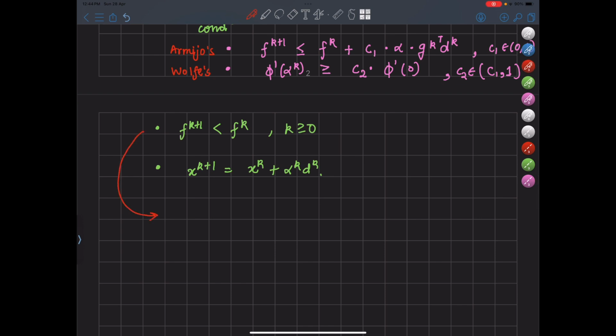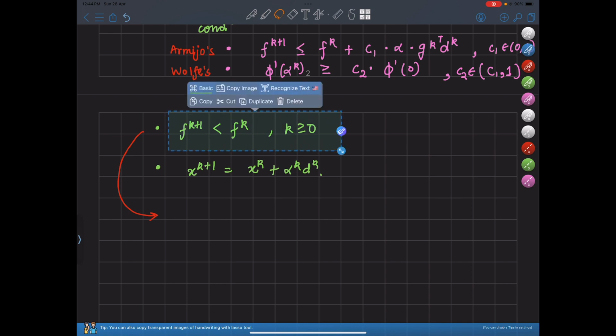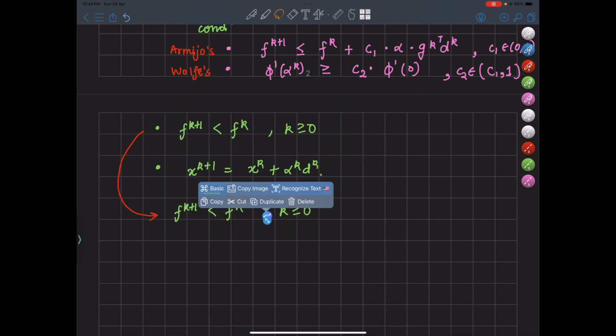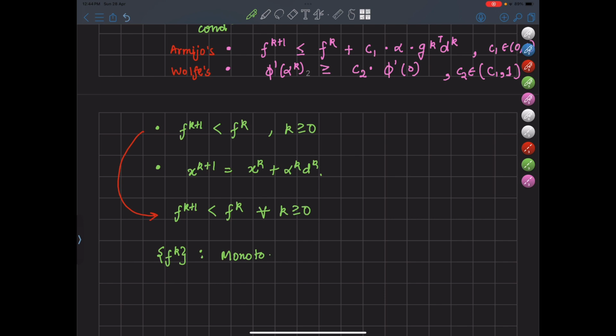Now this condition is true for all k greater than or equal to 0, which means fk is a monotonically decreasing sequence, right? And it is also bounded below.